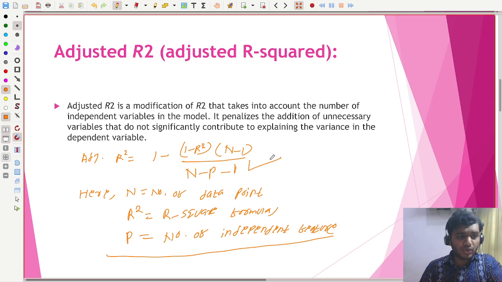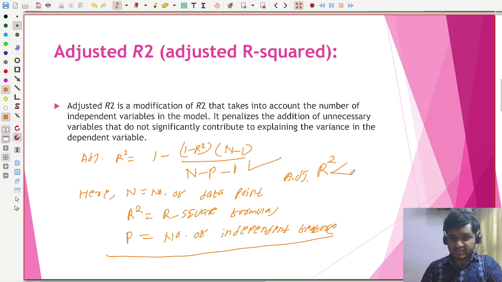Okay. So the adjusted R square value will always be less than or equal to R square.